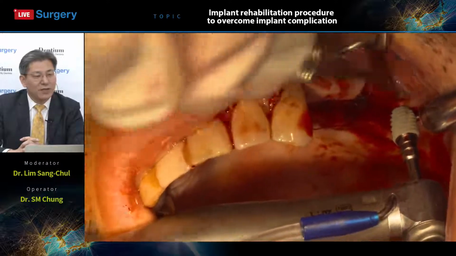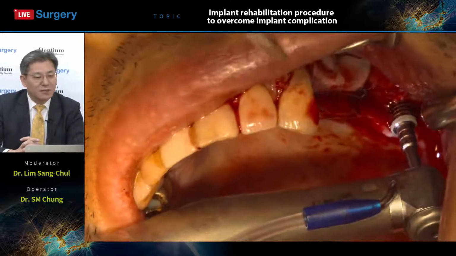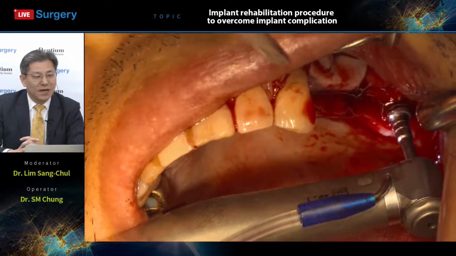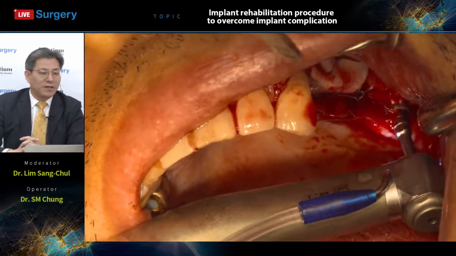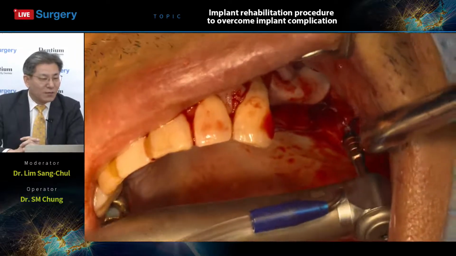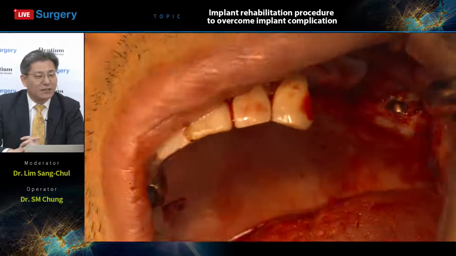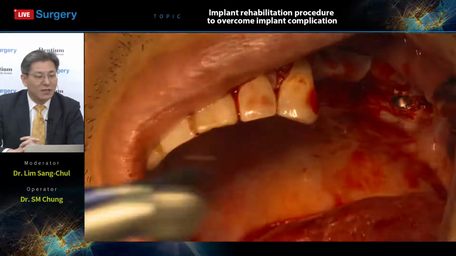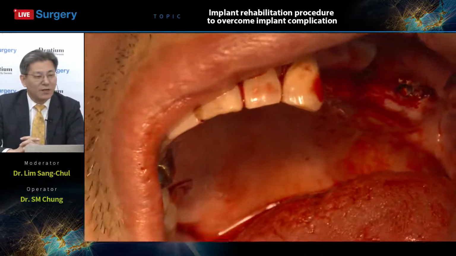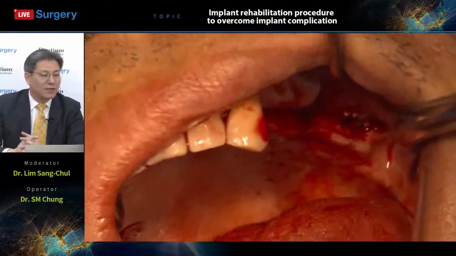The fixture diameter is 5.0, length 7. This one is the brand new Bright system from Dentium company. Both bone level and tissue level are available. This one is bone level, as you can see.